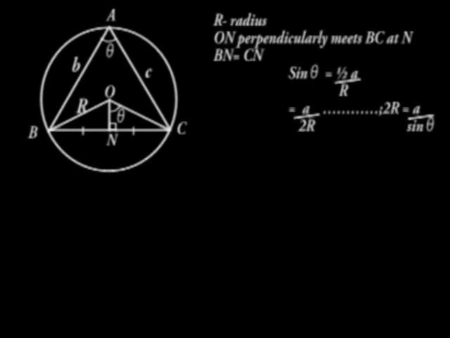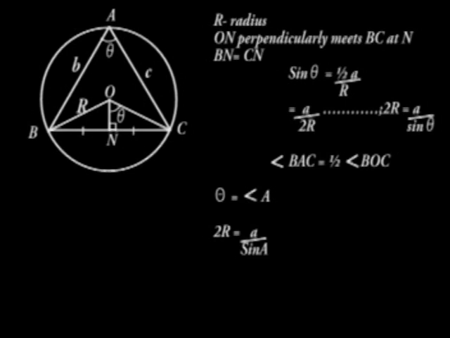Equation 1. Recall that angle BAC is equal to half angle BOC because the angle subtended by an arc at the circumference of a circle is equal to half the angle subtended by the same arc at the center of that circle. Therefore, theta is equal to angle A because theta is half BOC.